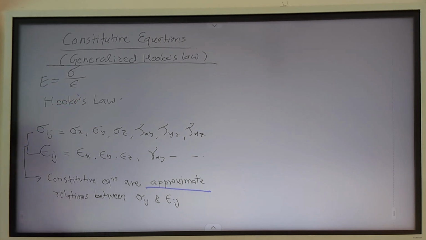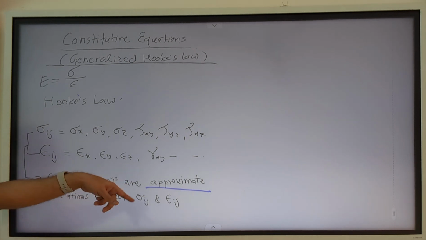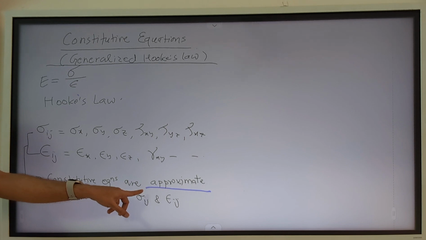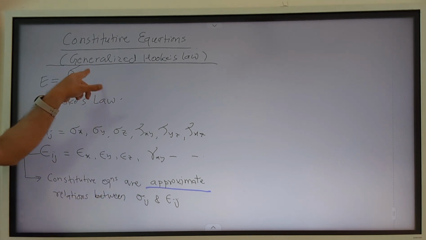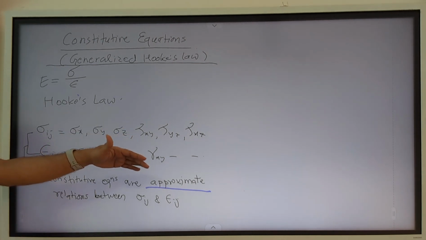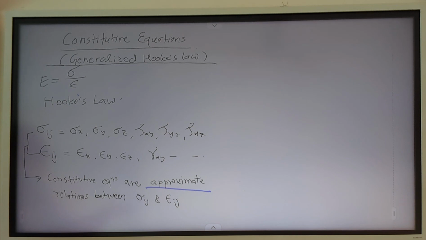In general, engineers won't have that much time or money to do this kind of experimental analysis every time. So constitutive equations such as Hooke's law fill up the gap in more or less reasonable time. Whatever uncertainty is there gets covered by the factor of safety that engineers use in their design.